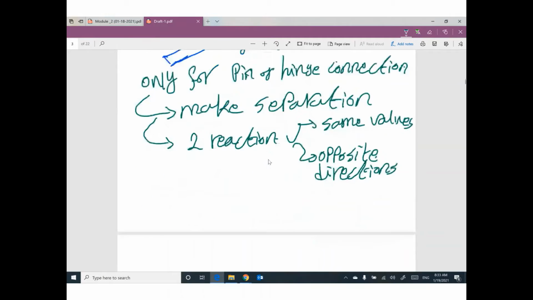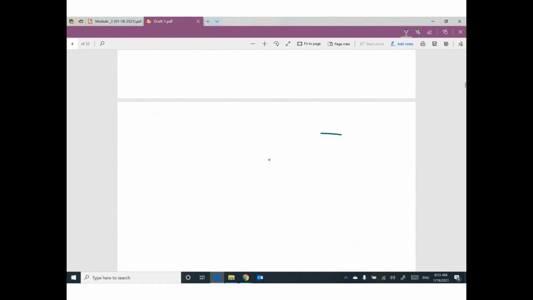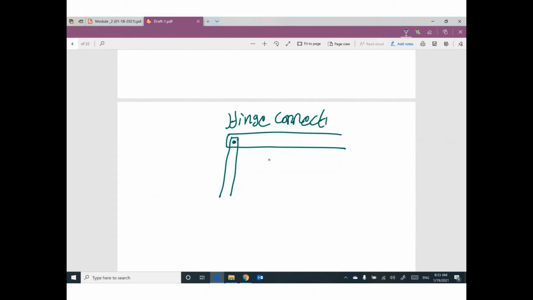As I told you, if you have a member like this and another member like this, at this location, we have hinge connection or pin connection.